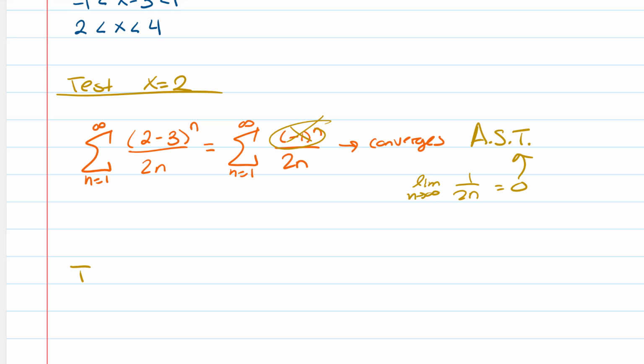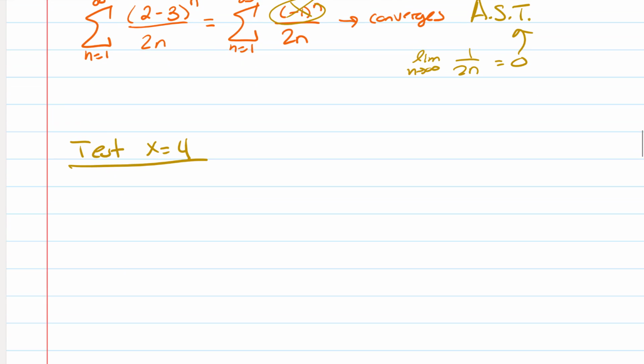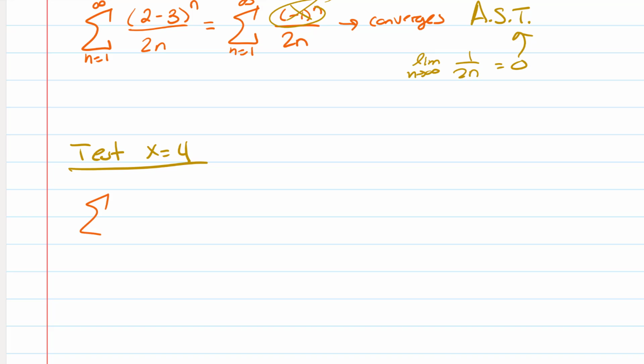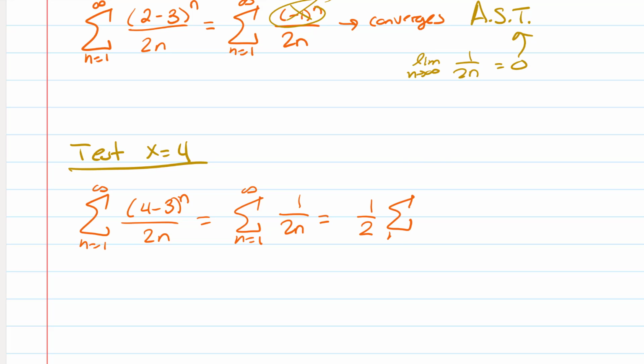The next one I'm going to go ahead and test is x equals 4. So this is sigma n equals 1 to infinity, 4 minus 3 to the n over 2n, which is sigma n equals 1 to infinity, 1 over 2n, which I can rewrite as 1/2 sigma n equals 1 to infinity, 1 over n.